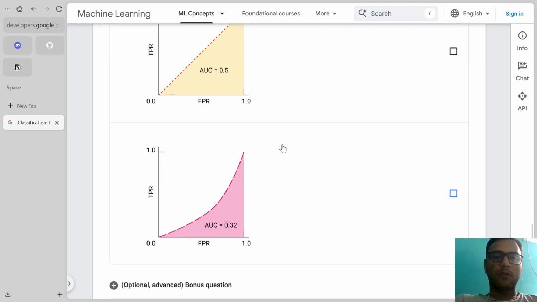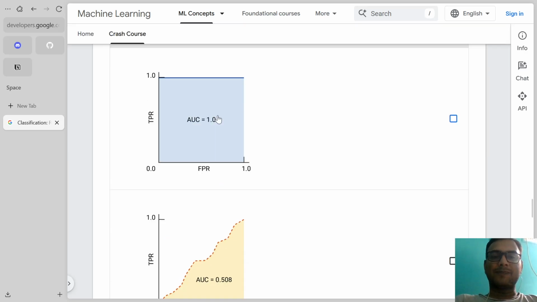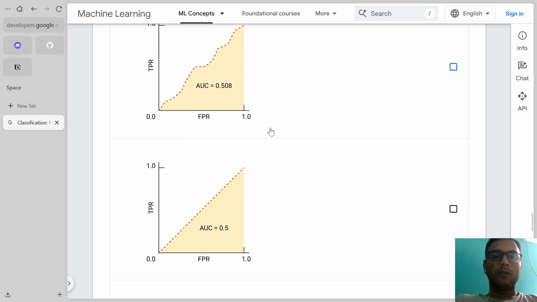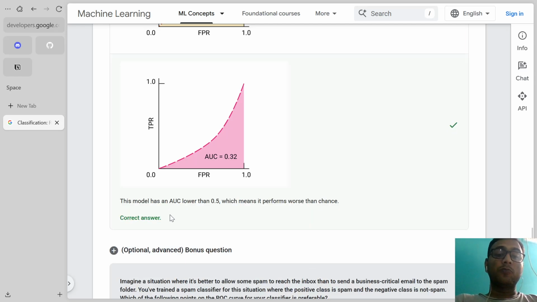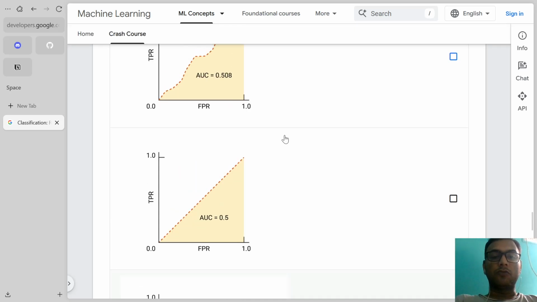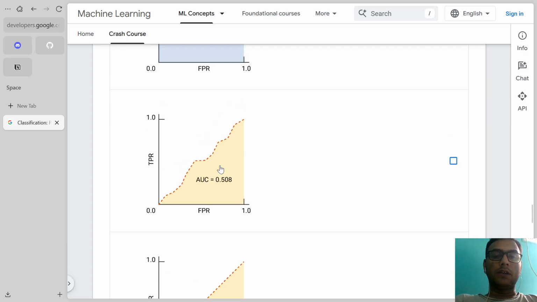This is the perfect model where the AUC is 1. This one is 0.5. Let's see. Yes, this model has an AUC lower than 0.5, which means it performs worse than chance.